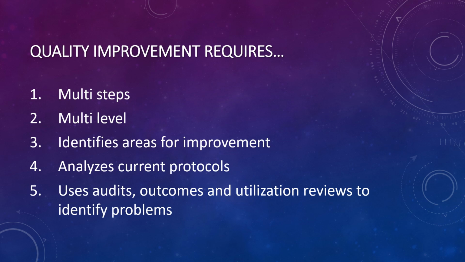Quality improvement processes analyze protocols that are in place to see if those protocols are working, to see if nurses are adhering to protocols. Quality improvement requires, how does that take place? It requires audits. It requires that we look at outcomes, whether negative or positive outcomes. Also, utilization reviews to identify problems.